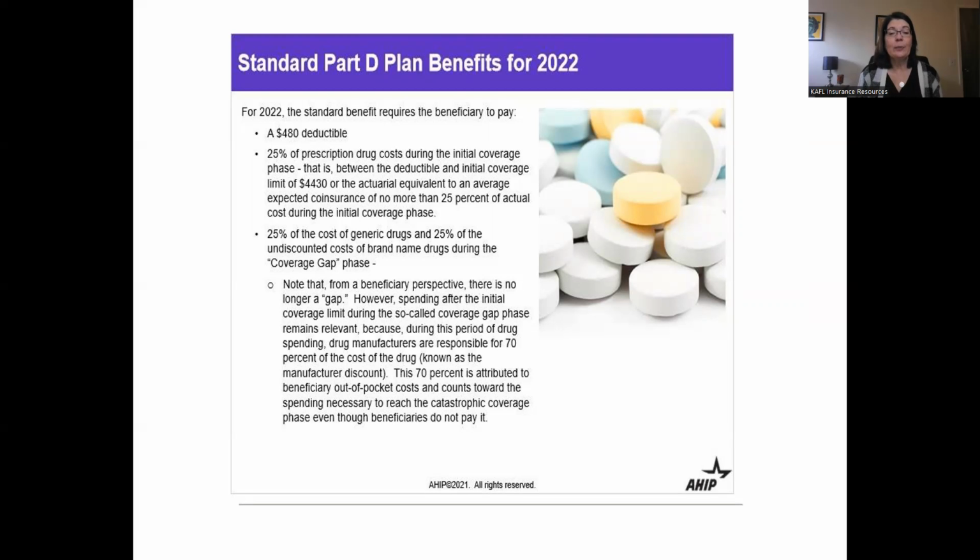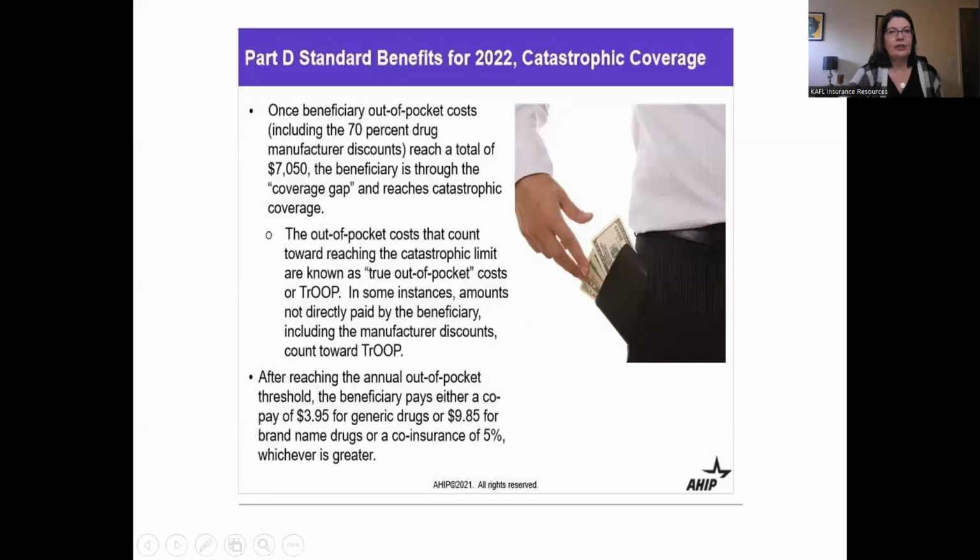So the beneficiaries aren't paying for it at 70%, but it does still count towards the amount that needs to be spent, paid for by the drug manufacturer in this situation, before the person reaches catastrophic coverage.